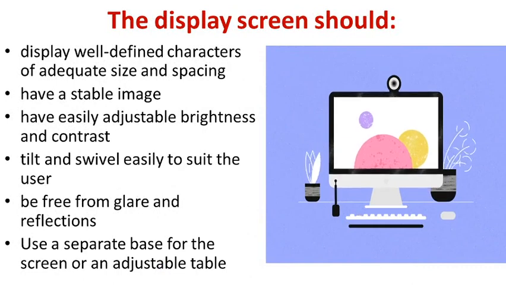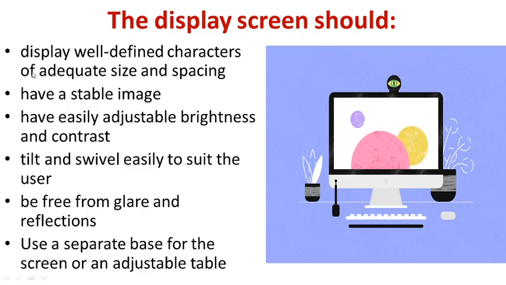Next we have few set of important points to be considered for display screen where users will be working. Here the first point specifies display well-defined characters of adequate size and spacing.